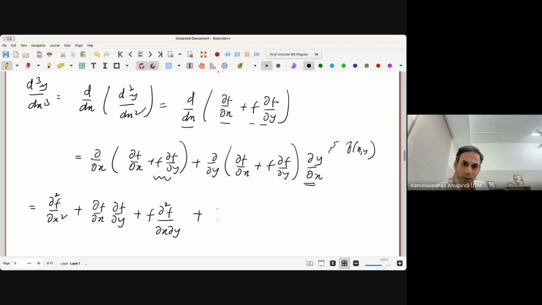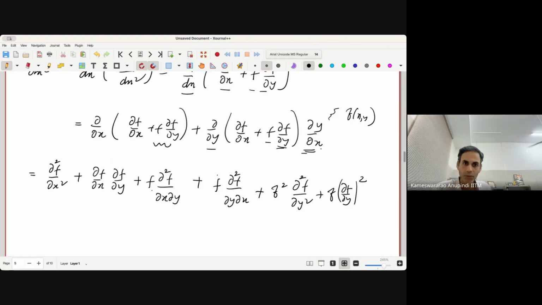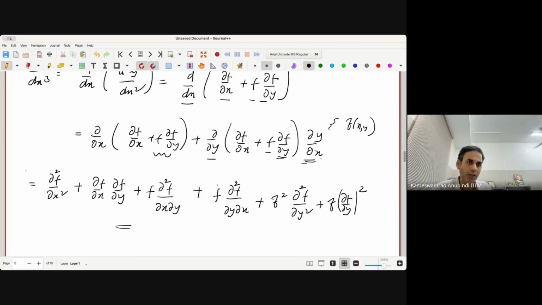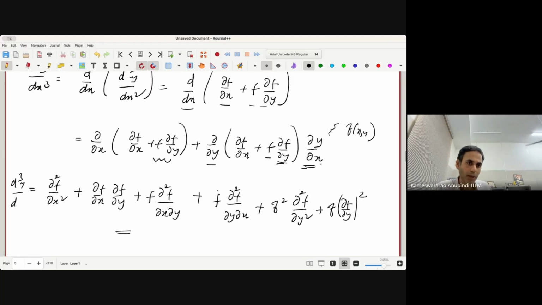So the first term is going to be f times dou square f by dou y dou x, plus the second term is going to have two terms. The first one is f times f, that is f square times dou square f by dou y square, plus the second term is f times partial f by partial y, and then there is a partial f by partial y already. So this is going to be partial f by partial y whole square. So you got 1, 2, 3, 4, 5, 6 terms for d cube y by dx cube.